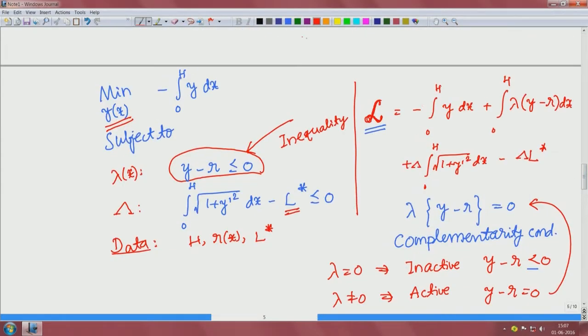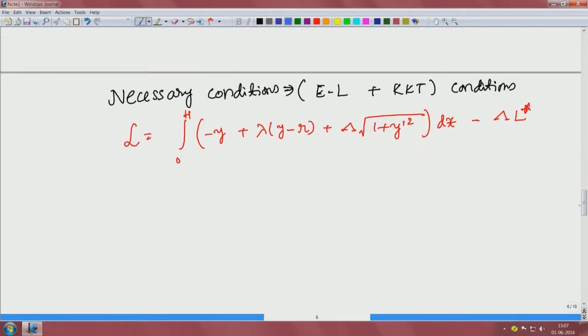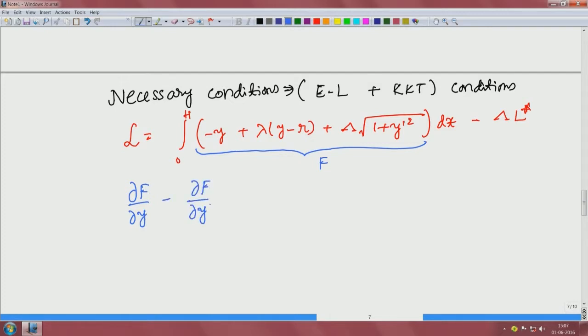We wrote this one, we wrote this one, we wrote this one, and then we also wrote that which is immaterial. Yeah, this is our Lagrangian. So, now what is f? The integrand is this. When I write the Euler-Lagrange equation, I have to write dou f by dou y minus d by dx of dou f by dou y prime equal to 0.